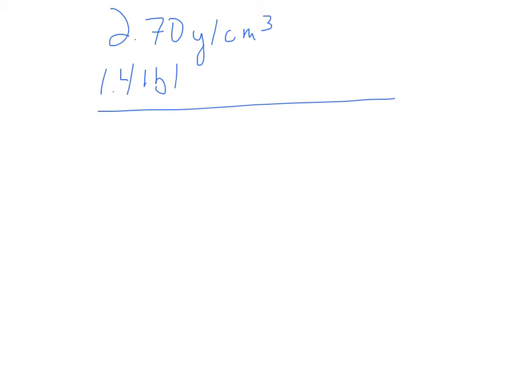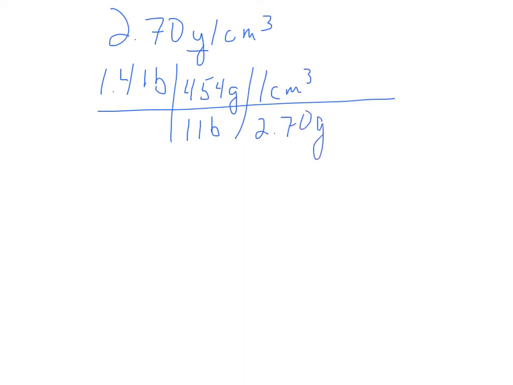So we want to convert from pounds to grams because our density is in grams. So we could say 1 pound is 454 grams. Now we have it in grams. Now we're going to use that density. And we're going to say that if we have 1 centimeter cubed, it is 2.70 grams.